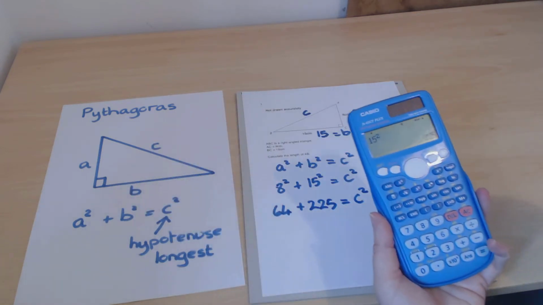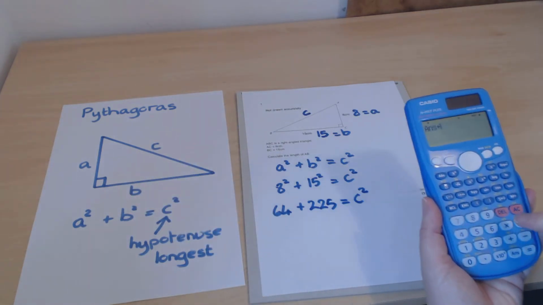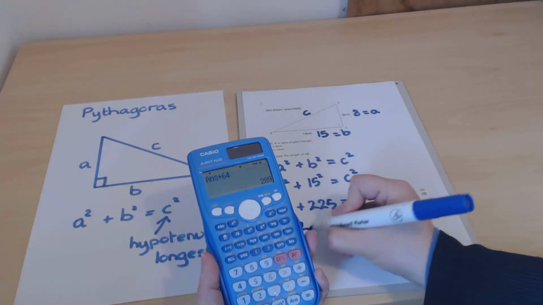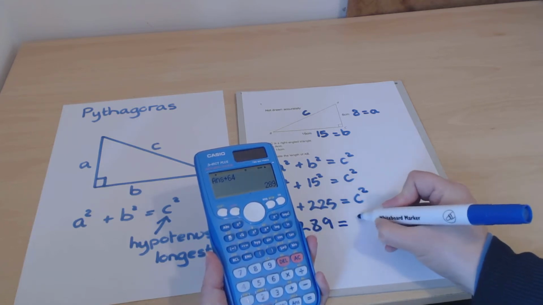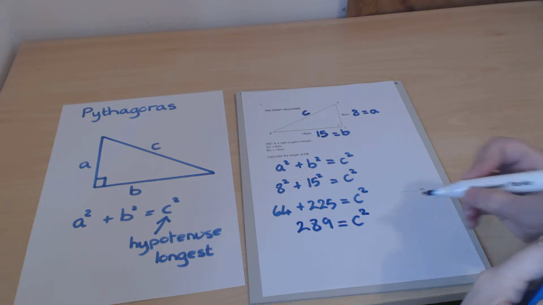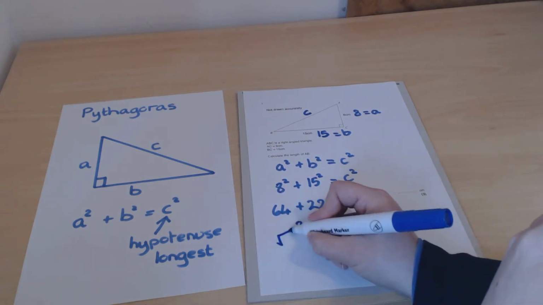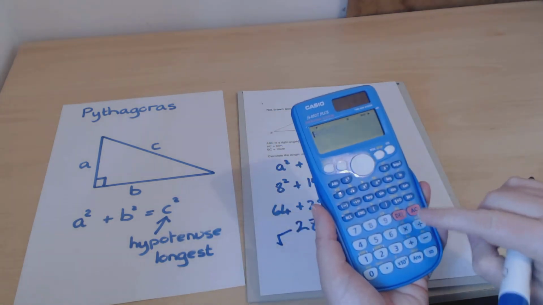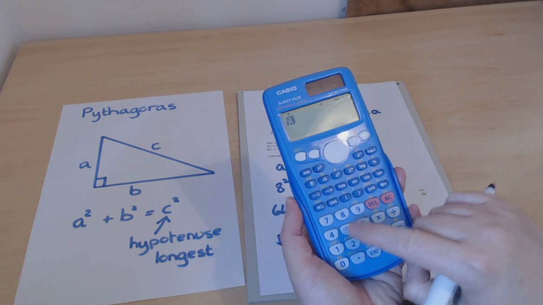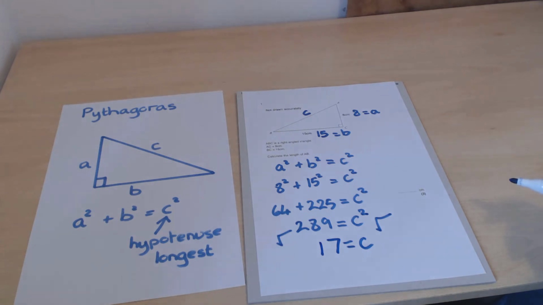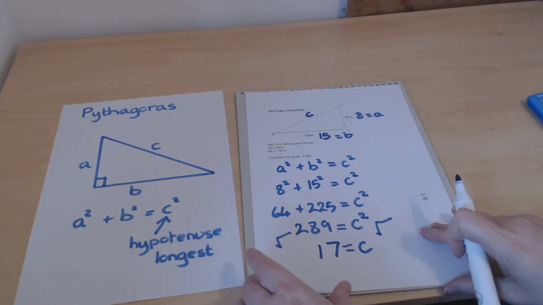So if we add the 64 and the 225 together, we get 289. So C squared equals 289, but we only want C, so we're going to need to square root both sides. So C will be the square root of 289, which happens to be 17. So the length of this one is 17 centimetres in this case.